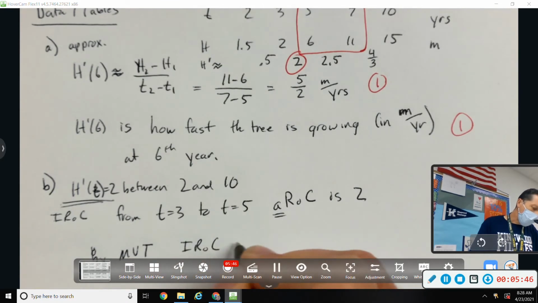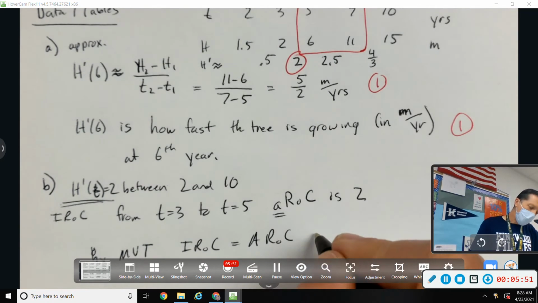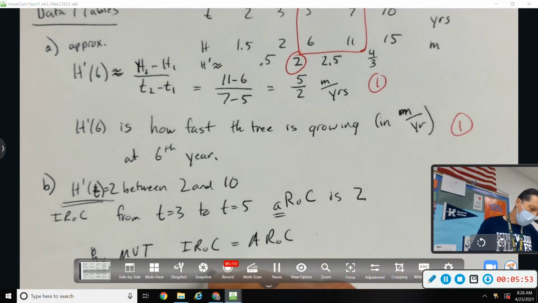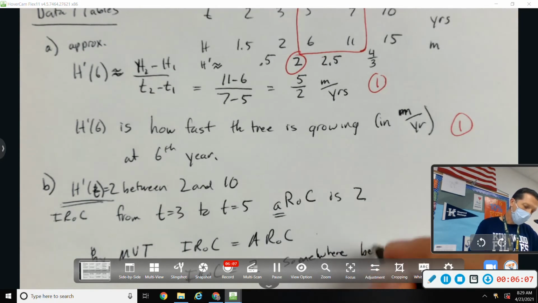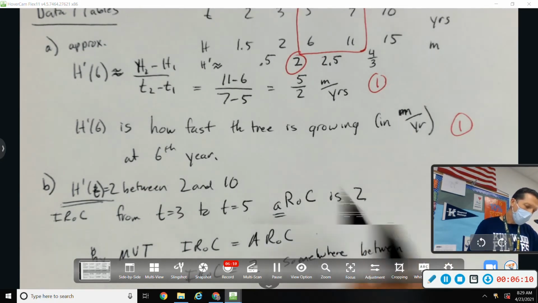The instantaneous rate of change equals the average rate of change. So that means that the average rate of change is 2. So the instantaneous rate of change equals 2 somewhere, not just between 2 and 10, but somewhere between 3 and 5.